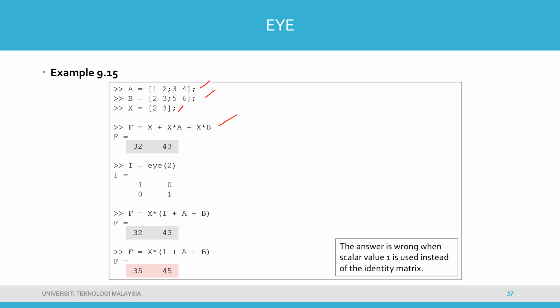This is the manual way, and you can get the answer, or you can use I. You can see here, I2 means 1 1 0 0, so 2 means the size of the matrix, always a square matrix, meaning m by m. If you look here, you still get the same answer because you use the identity matrix.